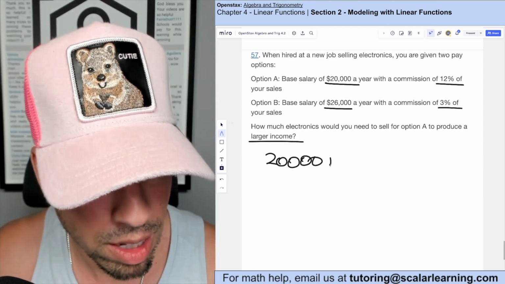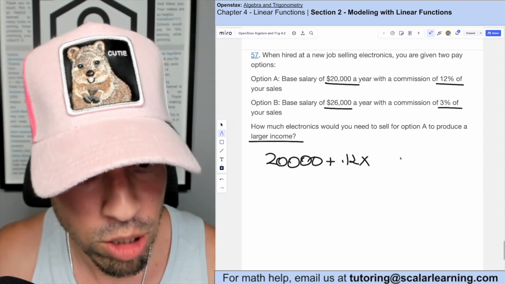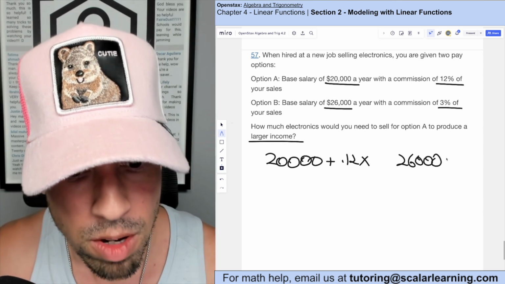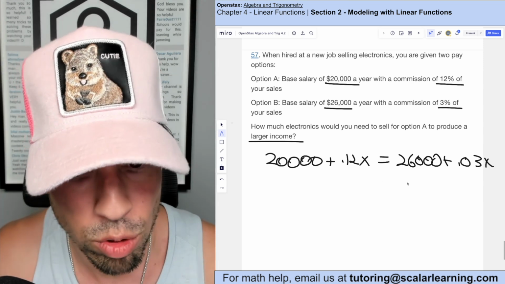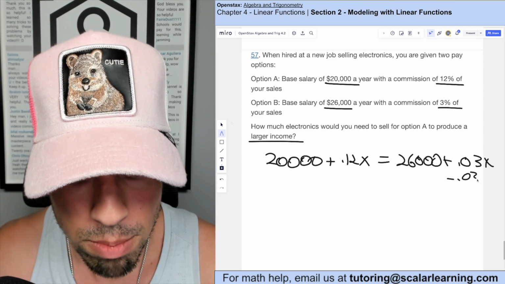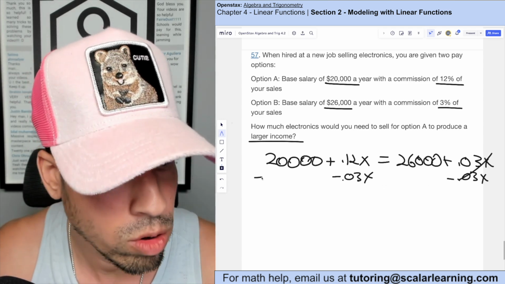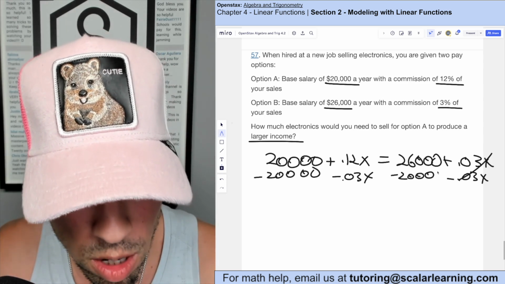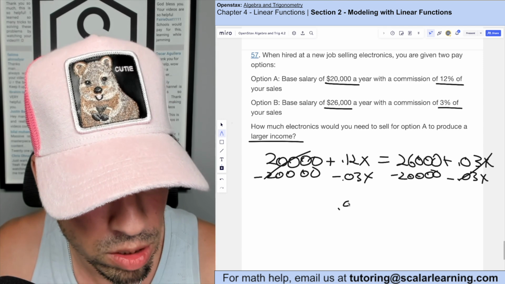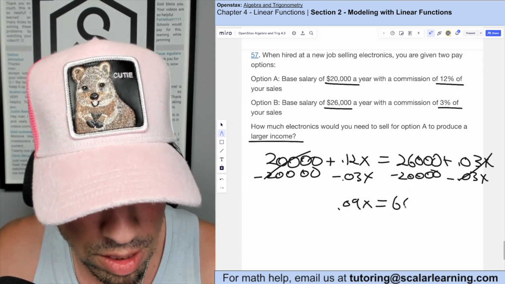So A is 20,000 plus 12% of sales. X is the sales. For option B, it's 26,000 plus 3% of sales. Again, that's x. We want to know when they're equal to each other. Now we're going to isolate by subtracting 0.03x on both sides and also subtracting 20,000 from both sides as well. Boom. And then we get 0.09x equals 26,000 minus 20,000, which is 6,000.